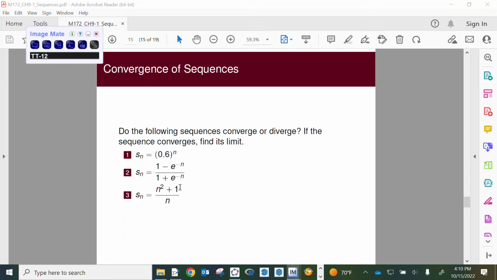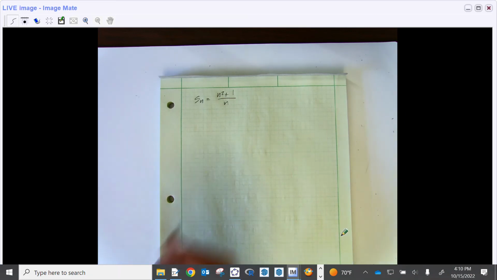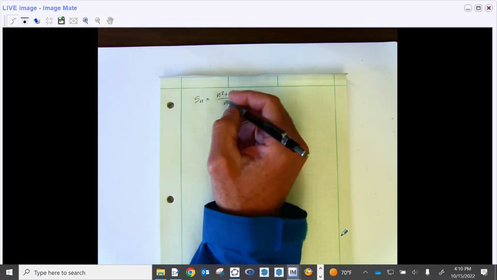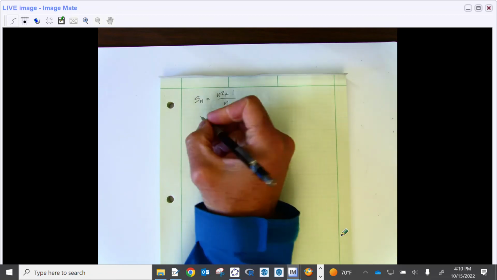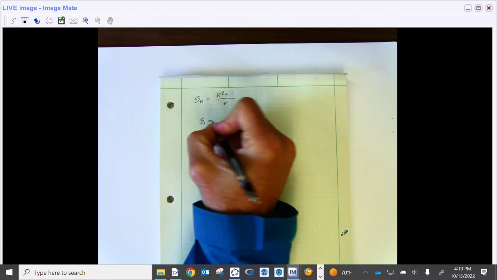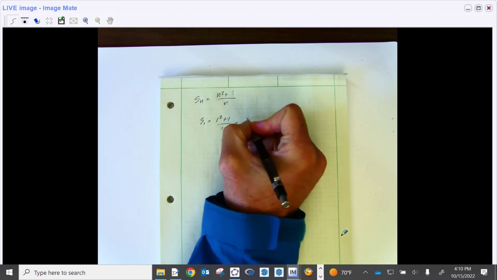Let me write it down. S sub n is equal to n squared plus 1 all over n. So let's see, we could create a few of these. S1 is going to be 1 squared plus 1 over 1, so it looks like it's 2.